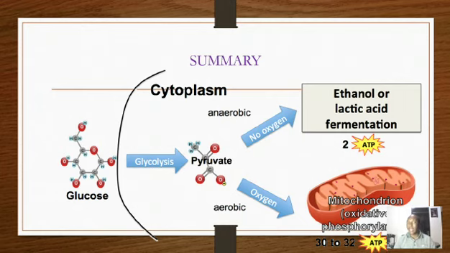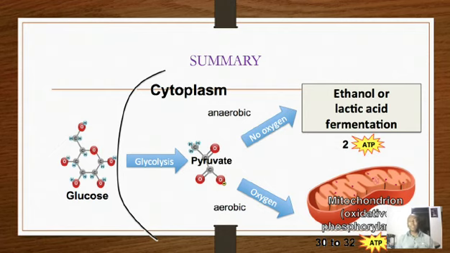Now, in absence of oxygen, anaerobic respiration takes place, leading to a process called fermentation. Ethanol or lactic acid being formed. Ethanol in plants, lactic acid in animals. That is in absence of oxygen.